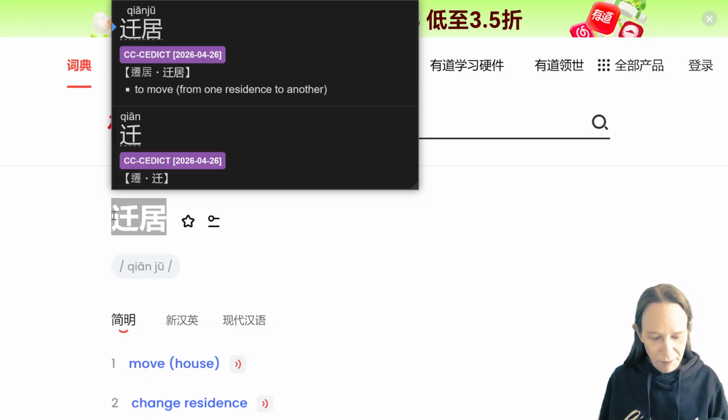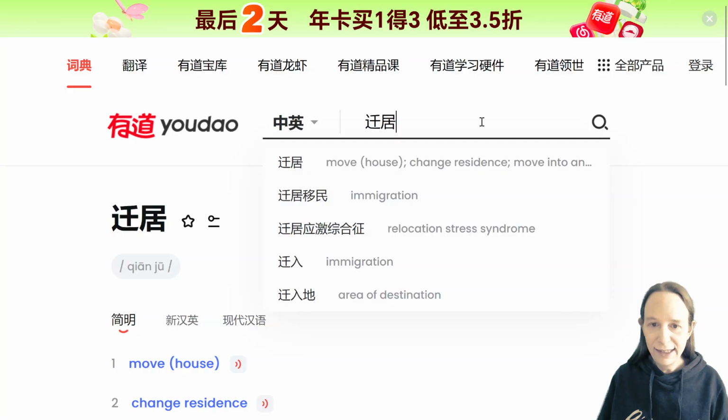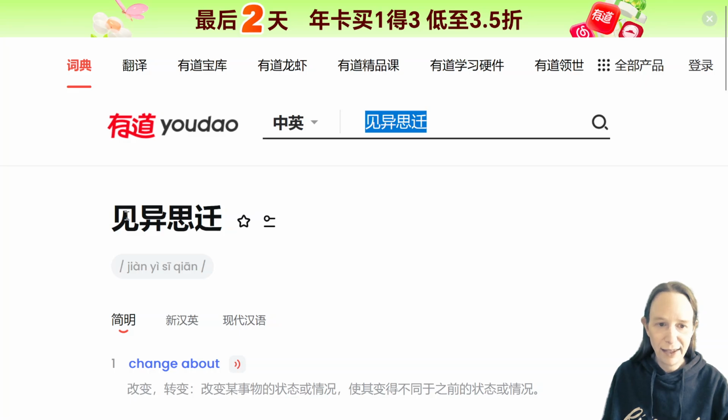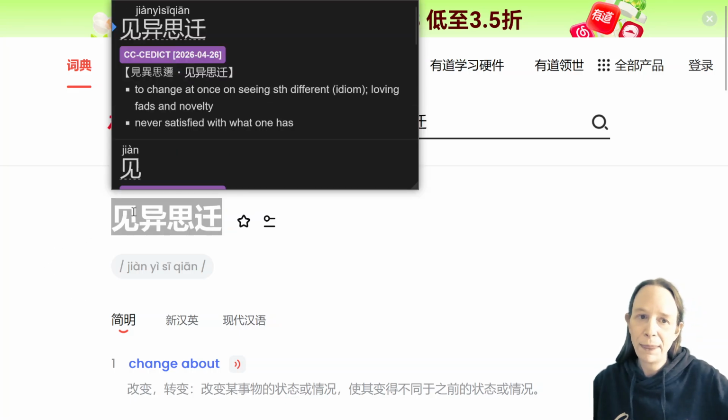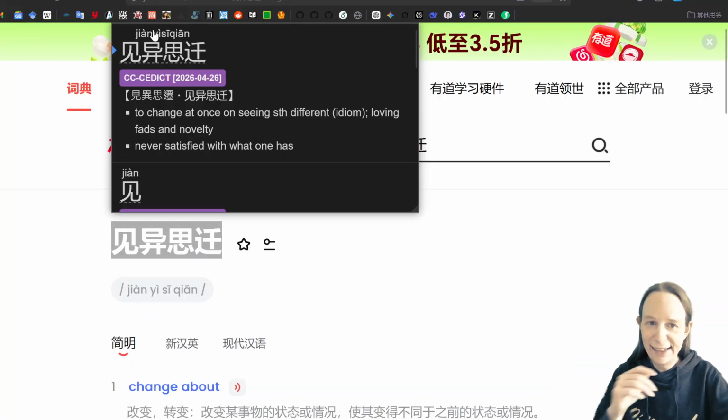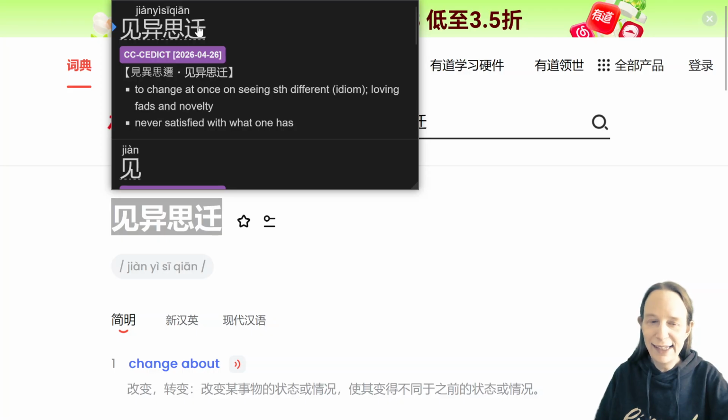Number 2, 变动改变. Okay, there's a 成语, 见异思迁. So 见 is to see, 异 is different. So think about changes. Loving fads and novelty.